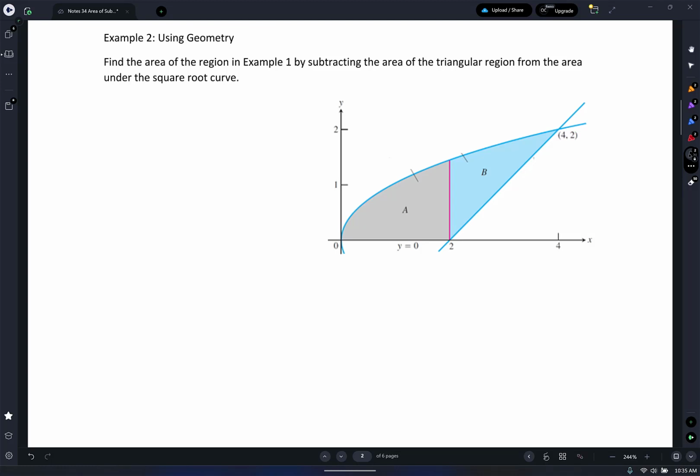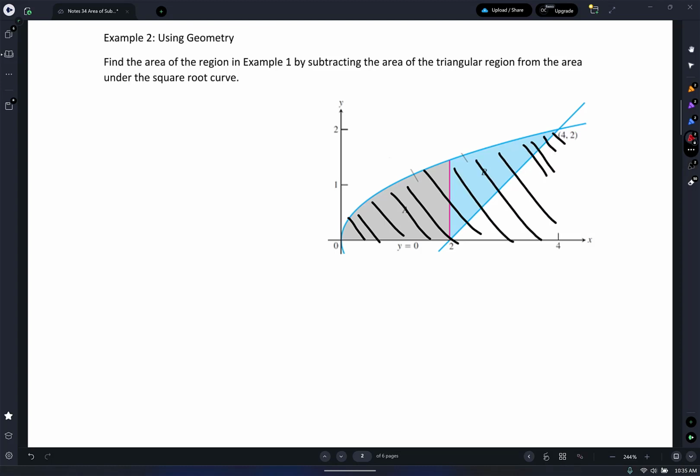So here's what I'm saying. I could have found the area under the square root curve. Here's my square root curve, all of this. And then do you see this triangle region right here? Do you think that would be easier?